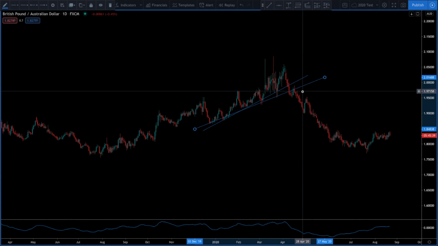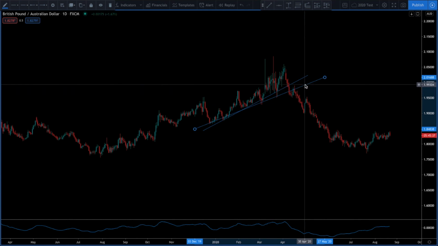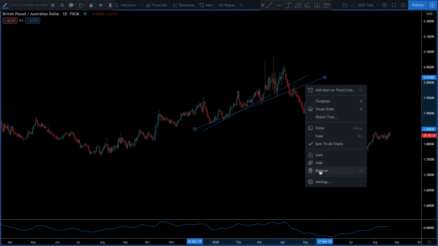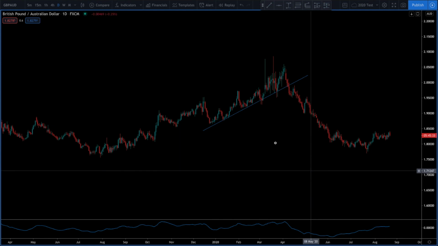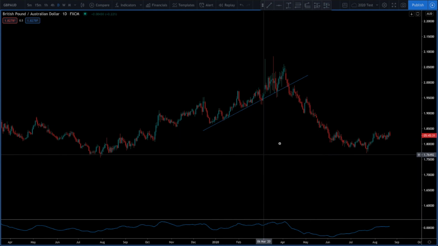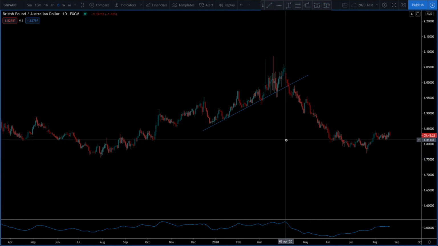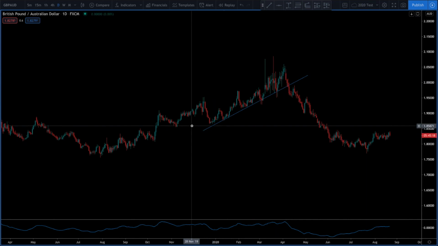So the main thing is to just be aware if you're trading into another trend line that someone else might see. If the majority of people see the other trend line, the price is probably going to react to it more so than your trend line if it's not a very good one. So that's the main thing.